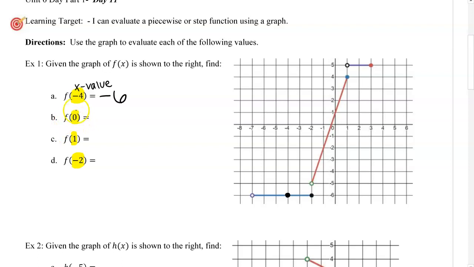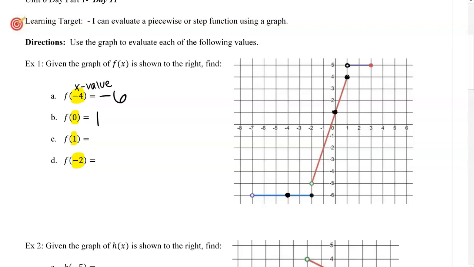This means f of 0, so when x is 0 on the graph, what's the y value? When we get to c, we run into an issue because when x is 0, I see a point here at 5 and a point here at 4. Recall when we would graph linear inequalities that an open circle means the value is not included there.